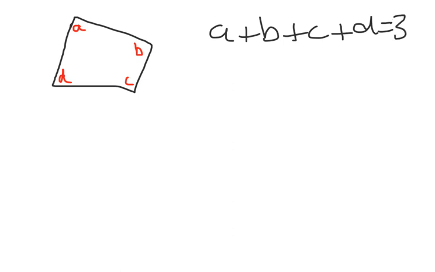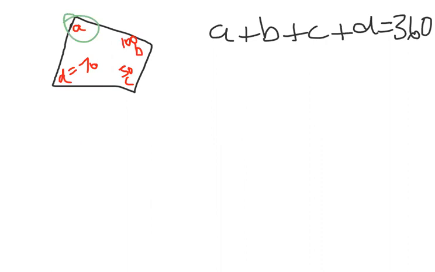So all of that, A plus B plus C plus D, equals 360 degrees. So if they give you that D equals 70, C equals 50, B equals 100, now you only have A that is remaining.